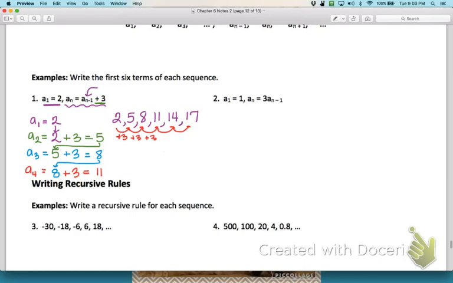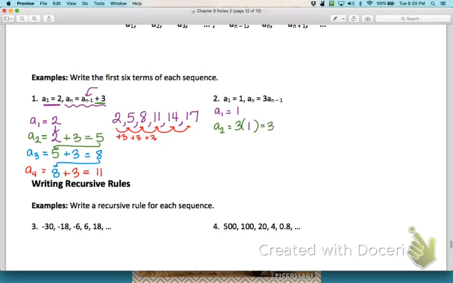So number 2 says the first term is 1, and to get the next term, you multiply the previous term by 3. That's what that rule says. So if we look at this the same way, A1 is going to be 1. A2 is going to be 3 times the previous term, n minus 1, which in this case was 1, so we get 3.